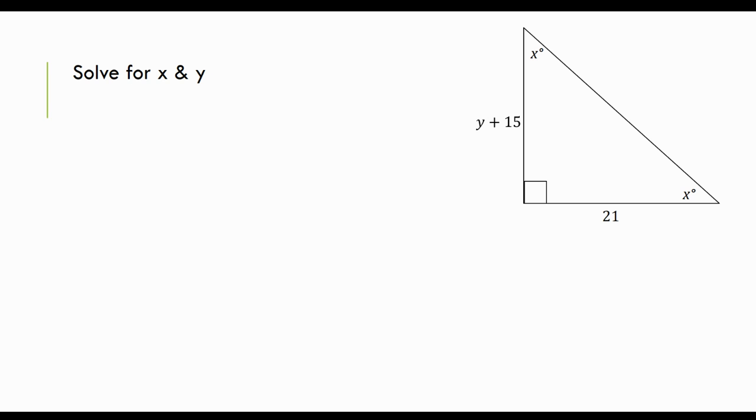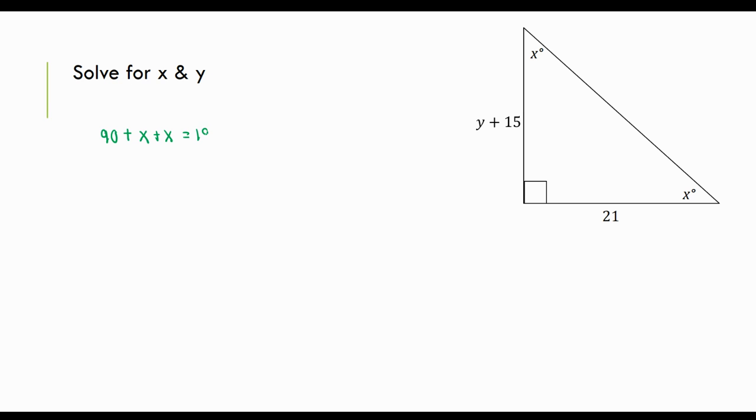Let's take a look at another algebra problem. I want to solve for both x and for y. Notice that in this problem, I can solve for x because I have x's for both of those angles, and I've got a right angle in this triangle as well. And I know that the 3 angles of a triangle add up to 180. So I've got a 90-degree angle, and then an x and an x.